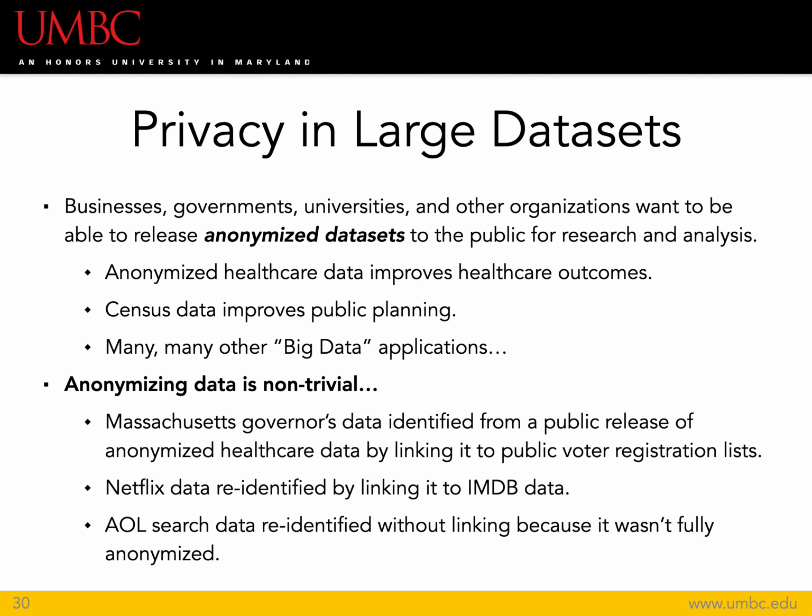And one of the researchers took this data set and decided to try and re-identify it by linking it to the IMDb data set. Both of them at the time used a 5-star rating list, and many people, after they finished watching a movie on Netflix, would rate it on Netflix and then immediately go and rate it on IMDb.